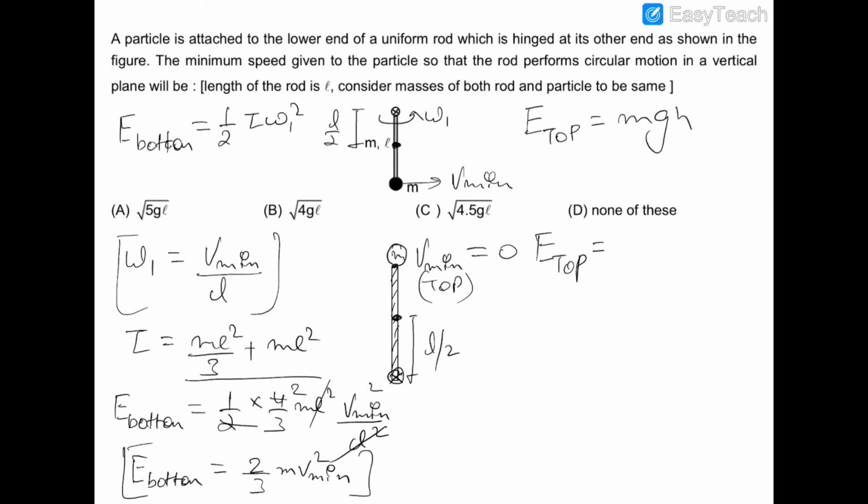So the distance ascended by the center of mass of the rod would be L, and the potential energy of the rod has increased by mgL.